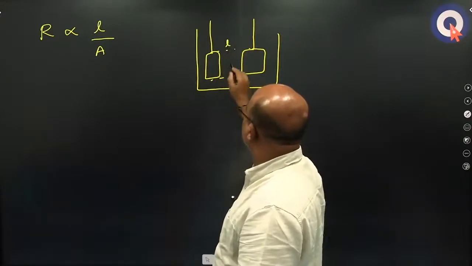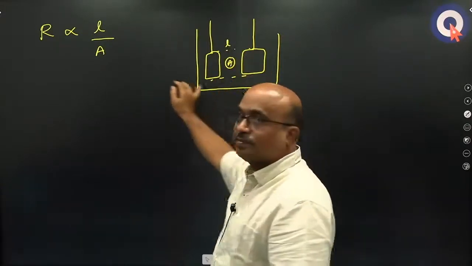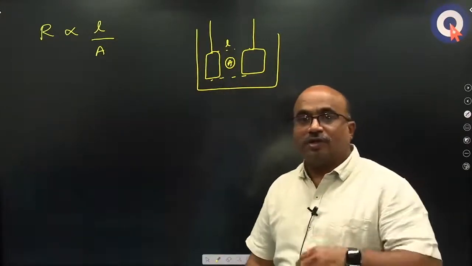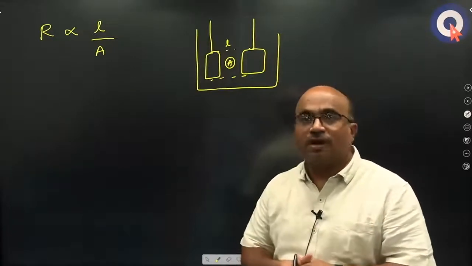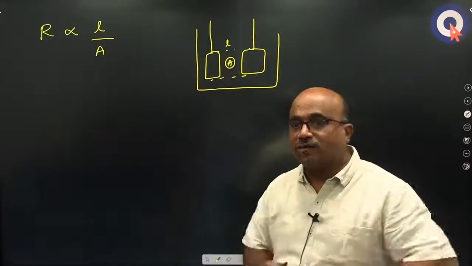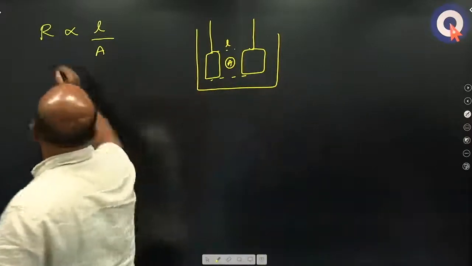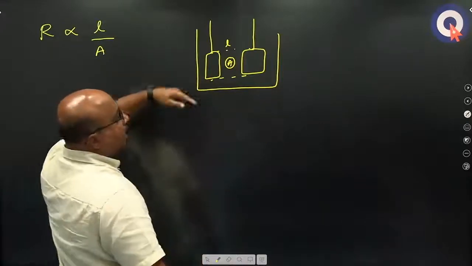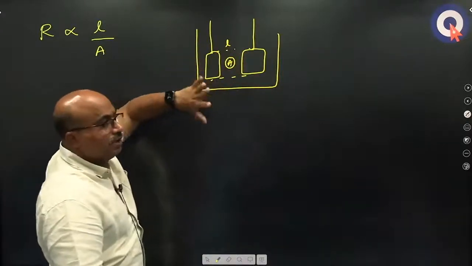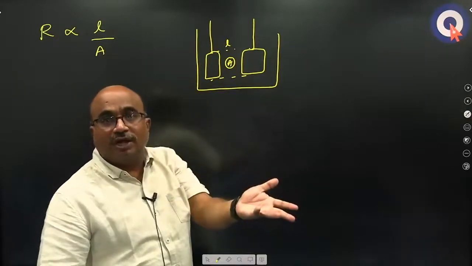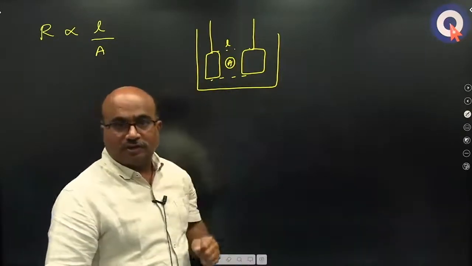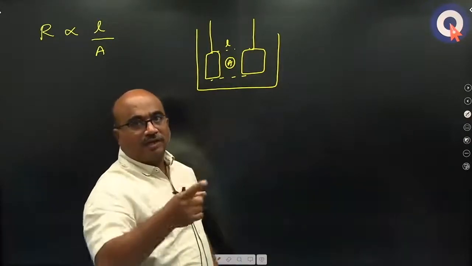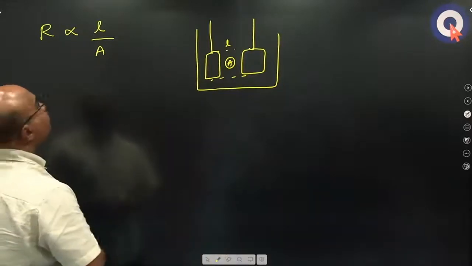This is the area of cross section of the solution that exists totally, which is conducting, which is actually favoring the conductance. So the resistance of the solution, if the length between the electrodes increases, its resistance will increase. If the area of cross section increases, then the total number of ions present in that solution will increase, therefore the conductance increases. So electrolytes are conducting due to the presence of ions. So when the number of ions increases, conductivity will increase.